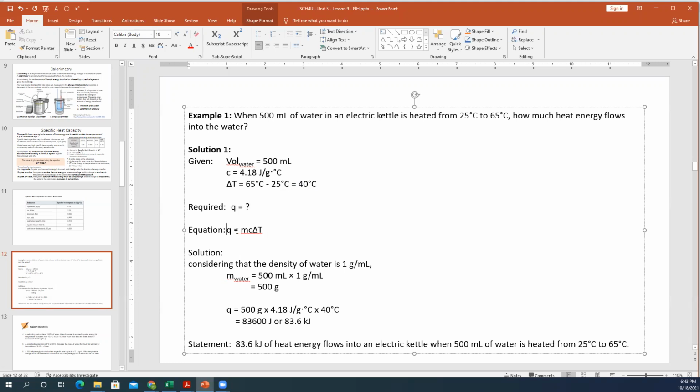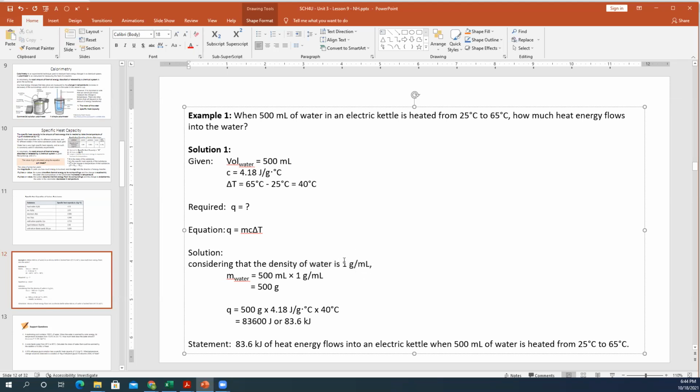And we recall that our equation is Q is equal to mc delta T. So remembering, and I think this is something that most of you should know, and if you don't know, make a note of it now, that the density of water is 1 gram per milliliter. This is the density of water. And the density of water means how much mass for how much volume.